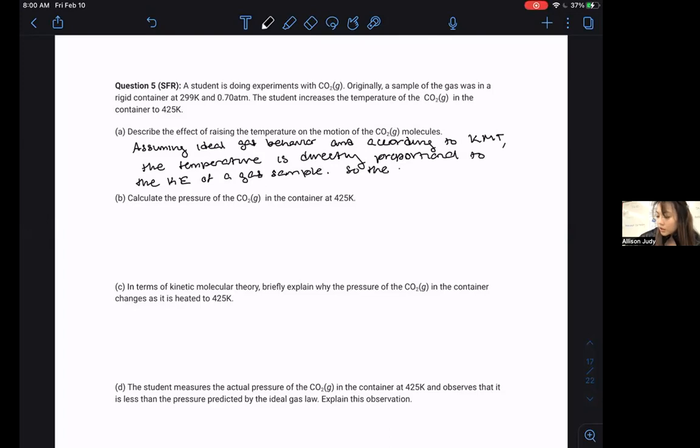So the molecules would have greater kinetic energy and speed up. Another way to put it is greater average speed or velocity, right? Greater average speed at higher temperatures.